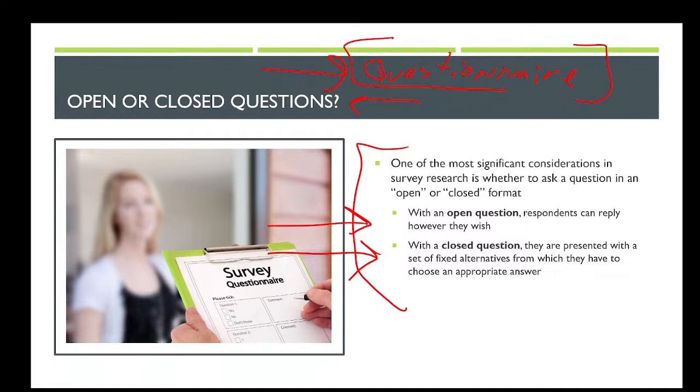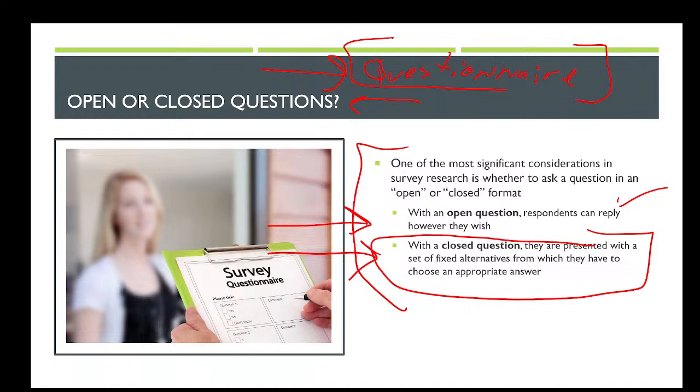Because if you are mostly doing open questions, what you're really doing is a structured interview, and you're probably better to shift to doing that rather than doing a survey, right? Or a questionnaire. So you can have a few open questions, especially if you want to find out things that you're less sure about. But most of your questions should be closed questions.